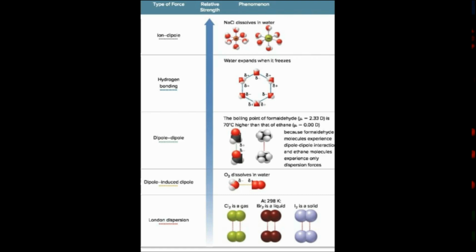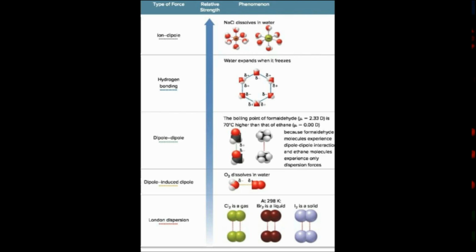A dipole is, for example, water, and the ion appears when you dissolve salt in water. When you dissolve salt in water, because it's an ionic compound, there is no covalent bonding, they don't share electrons, one has stolen from the other, and it disintegrates into ions. Look what's happening.